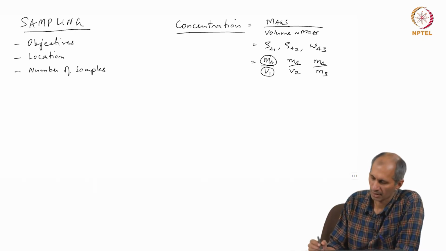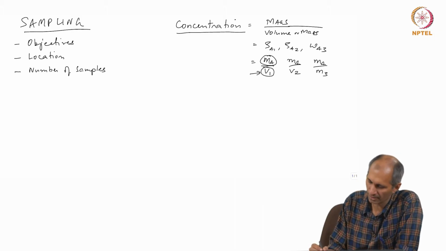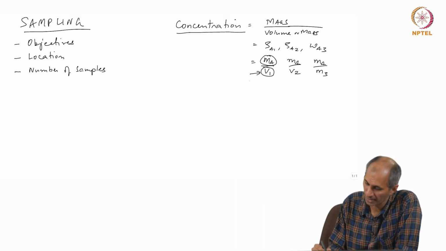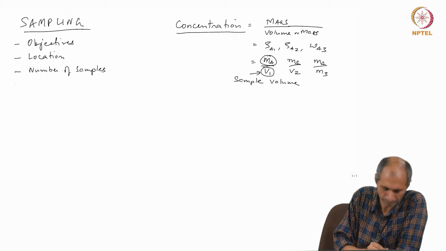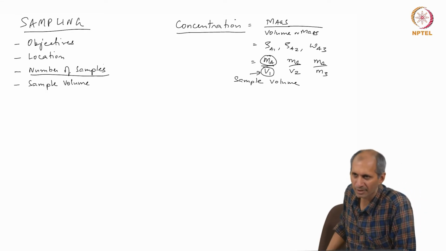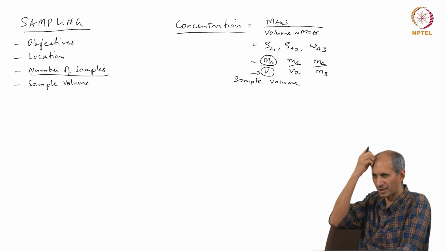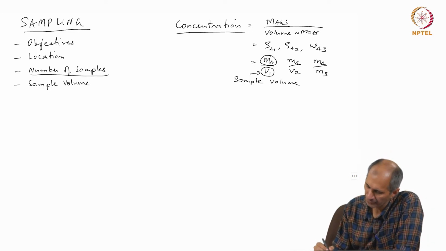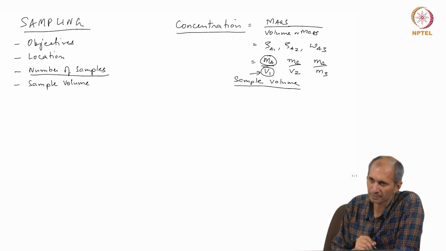This denominator here is what we would call the sampling volume, the sample volume. We will come back to the number of samples a little later because it relates to something else.